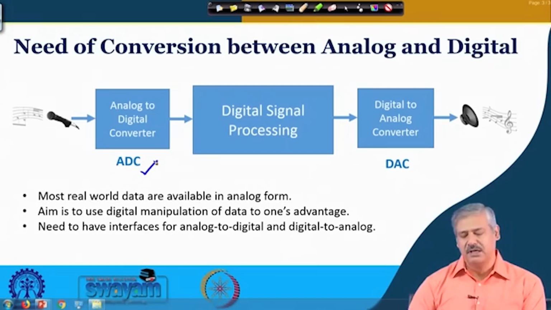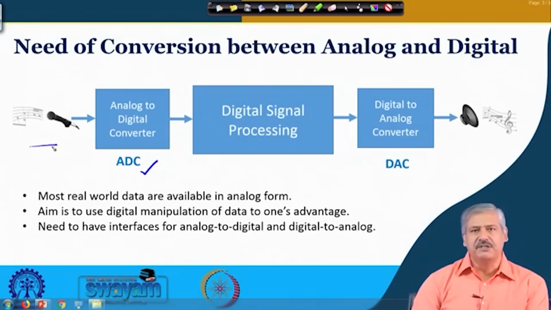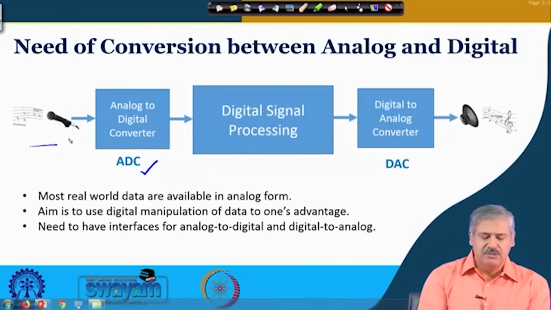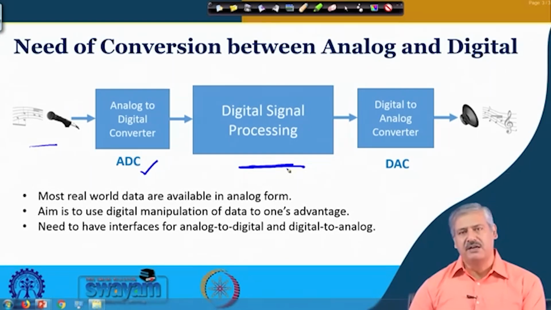Consider a sound signal, an audio signal. You have captured it through a microphone, and then the analog to digital converter is converting it to a digital stream, and then you are doing some manipulation over here. Some frequencies are boosted, some frequencies are attenuated, and it is good to have a digital processing technique because of its advantages.